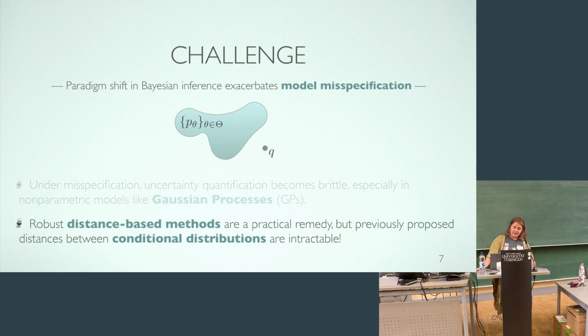In generative modeling, robust distance-based methods have been a practical remedy to this situation, but distances proposed between conditional distributions have not been tractable and really practical to work with.